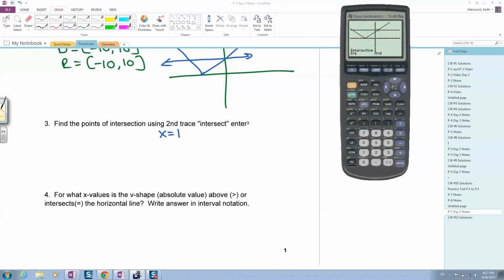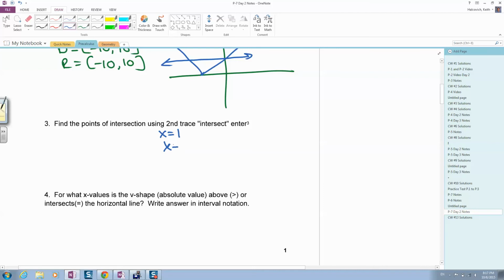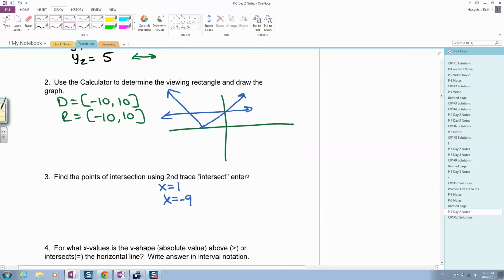And then remember we hit trace and then we go to the other side of the vertex. And then we hit second trace, intersect, enter, enter, enter. And we get x equals negative 9. So those are our two intersection points. Right here and right there.